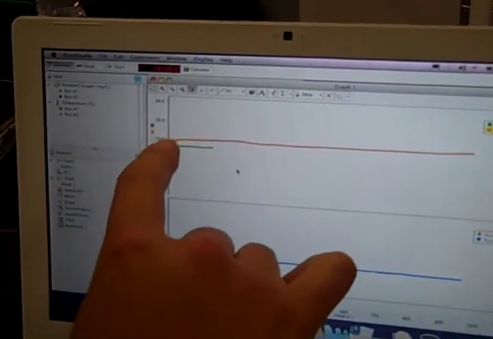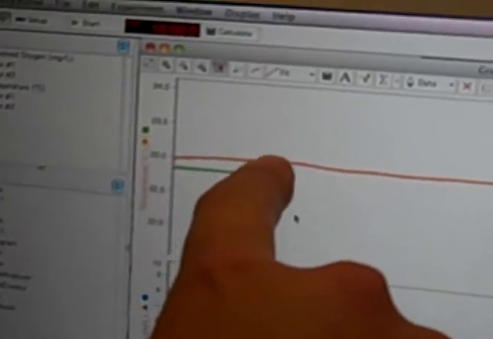The first run here, shown in orange, shows the temperature. It started out at a little bit below 23 degrees Celsius, fluctuated a little bit, and ended a little bit above 23 degrees. Here is our dissolved oxygen.